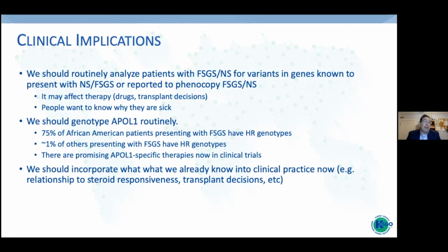And I think this is going to become particularly important because there are promising APOL1-specific therapies now in clinical trials. I think we should now be testing and be incorporating what we know already into clinical practice. For example, the relationship of genotype to steroid responsiveness, informing how we think about transplant decisions, risk to the donor, risk to the recipient, risk of recurrence.